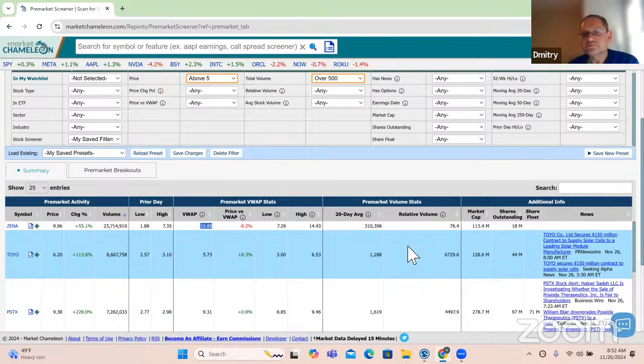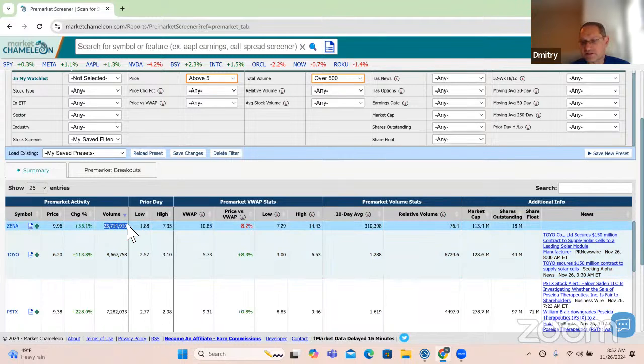So here we see that the volume weighted average price in the pre-market is $10.85. And this is the volume so far in the pre-market, 23,700,000 shares. So now we've got this VWAP price.